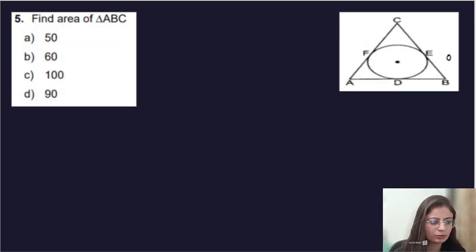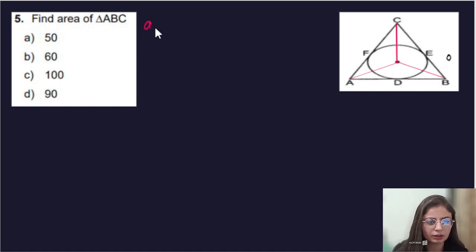Now let's move on to the last part, which says find the area of triangle ABC. One of the easiest ways to find the area of triangle ABC would be to add the area of all these three triangles. We have already found the area of this triangle AOB. Let's find the area of AOC and BOC.